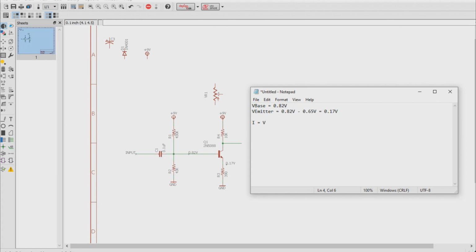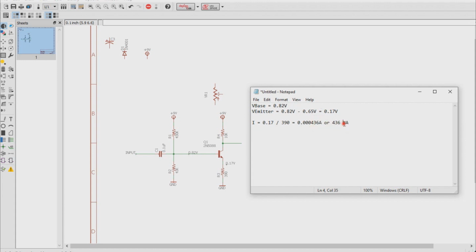So we have the voltage of the emitter pin over the resistance of R3, which we know to be 390, and we know this to be 0.17. So that is equal to 0.000436, or you can look at that as 436 microamps.